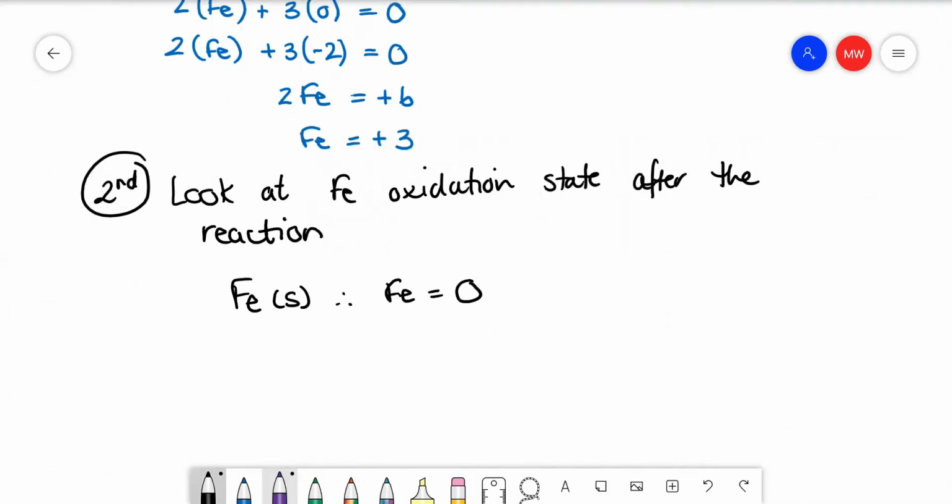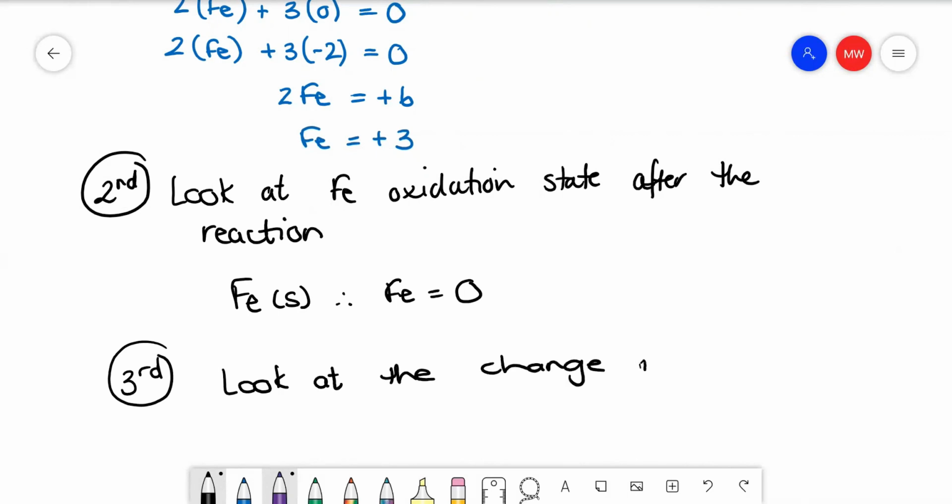It's neutral. So third step would be to just look at the change in oxidation state before and after the reaction.